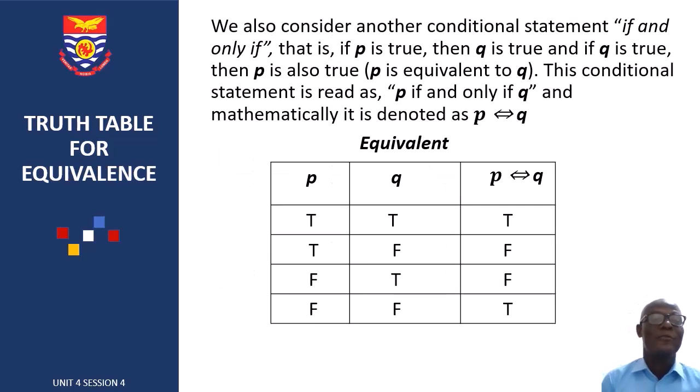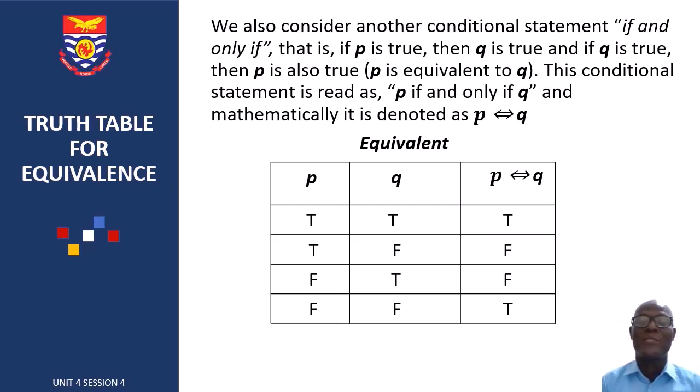Truth table for equivalence. For the truth table for equivalence, we consider the conditional statement "if and only if." That is, if P is true and Q is true, then P implies Q is true, and the converse, Q implies P, is also true.